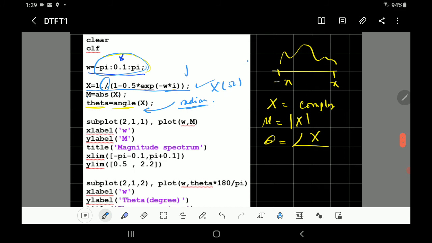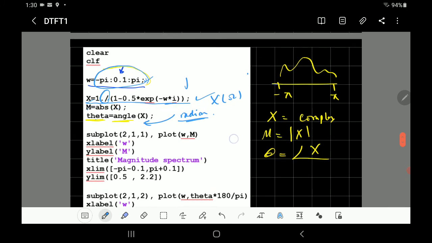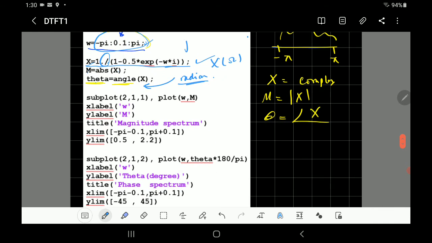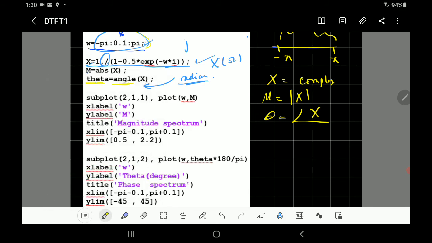You are done. Can you believe it? It's very easy. You put the interval you want to sketch, you write the equation of x, and you get the amplitude. Now you're going to sketch. You want to sketch both in one figure, so you divide the Matlab screen into 2: 2 rows and 1 column.